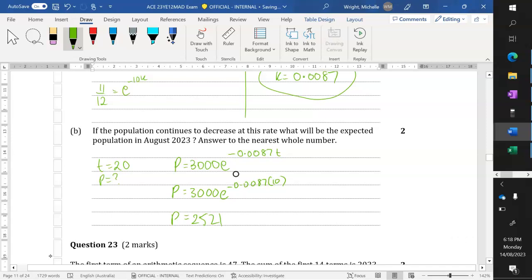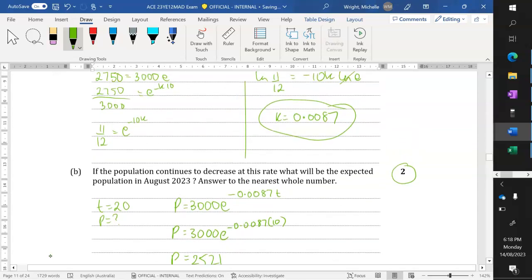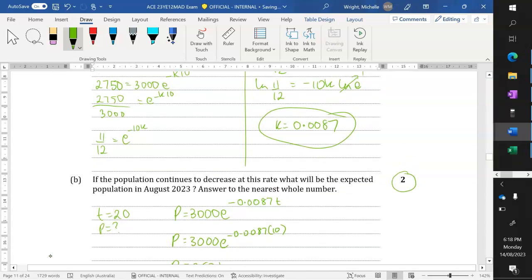So you needed to get that answer to get your 2 marks. If you showed some understanding, you got 1 mark. There were some people that could work out another form of a rate and did it another way, and you would have got some marks as well if you got the same answer.